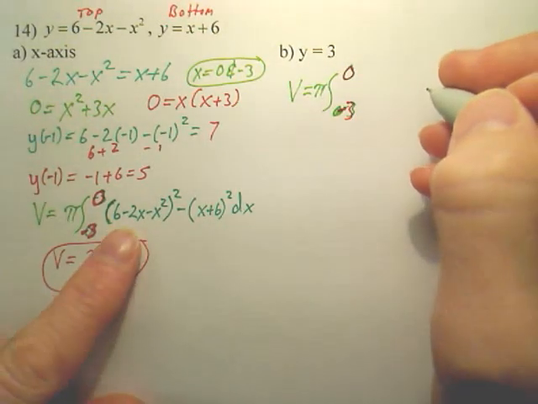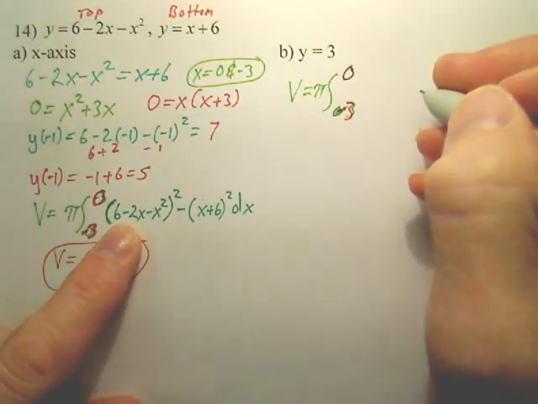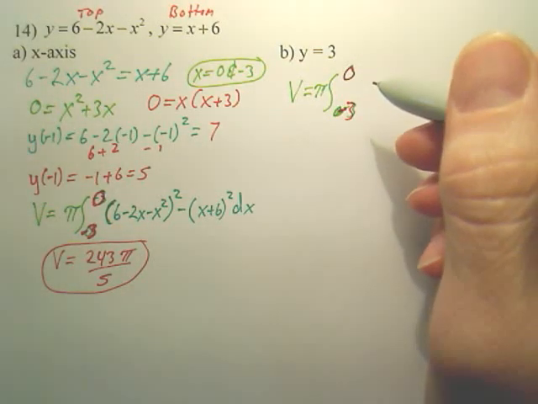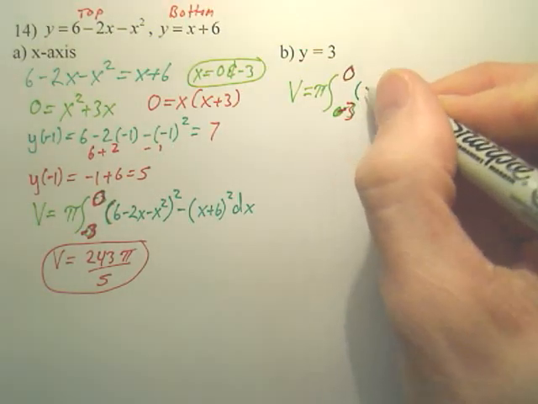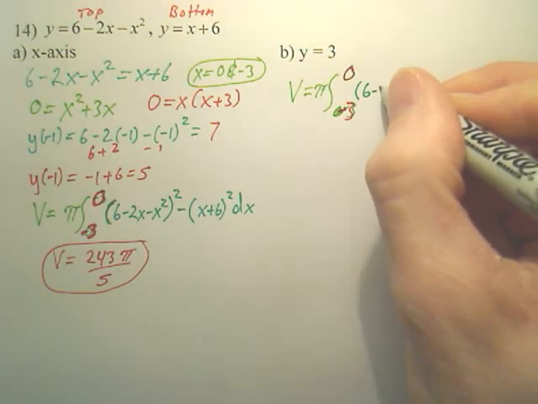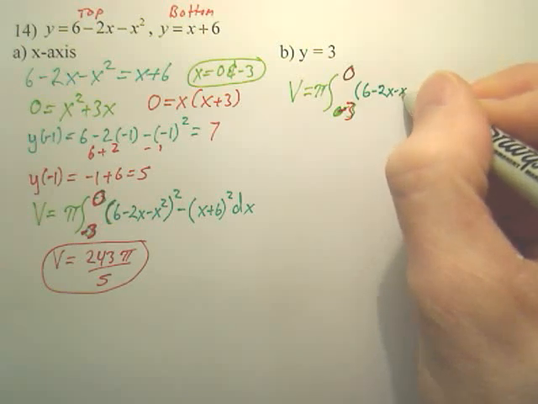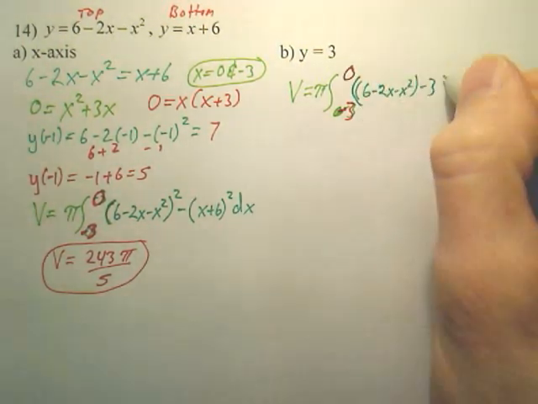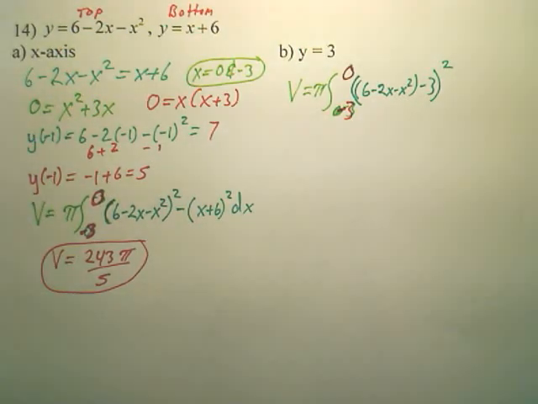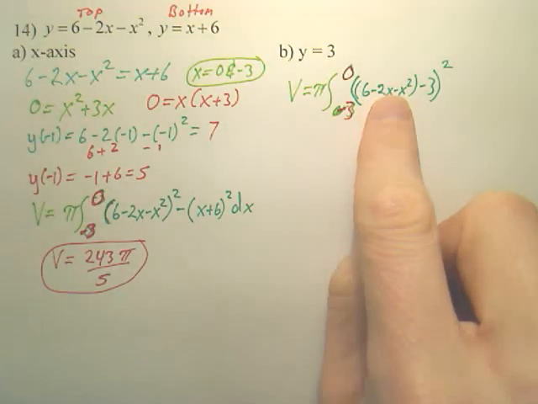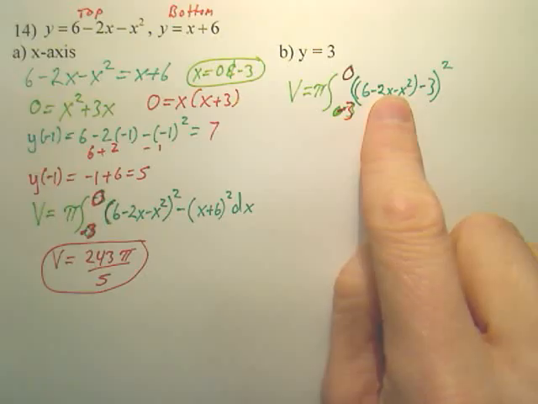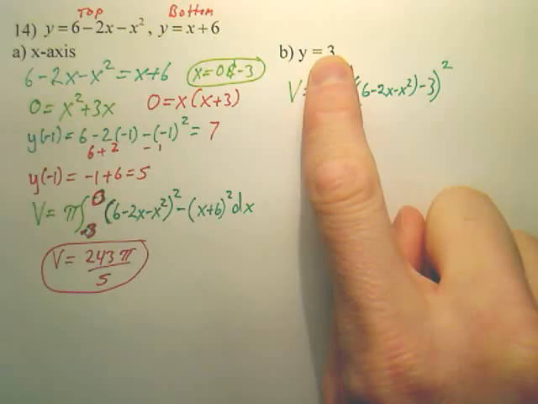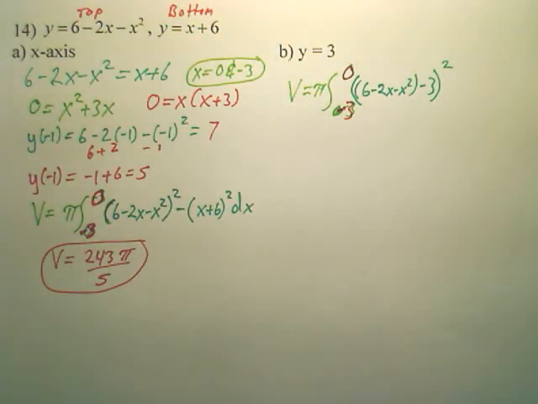So if this is the height of the outer one, and we're revolving around y equals 3, you're simply going to go 6 minus 2x minus x squared minus 3. The reason for that is you take the length, which is the height of the outer circle, but it's 3 less because you're starting at y equals 3, higher.